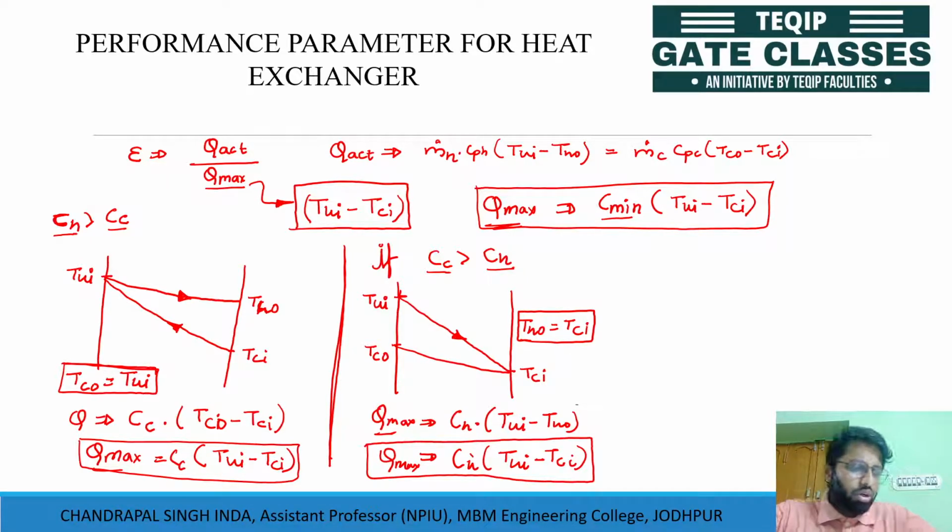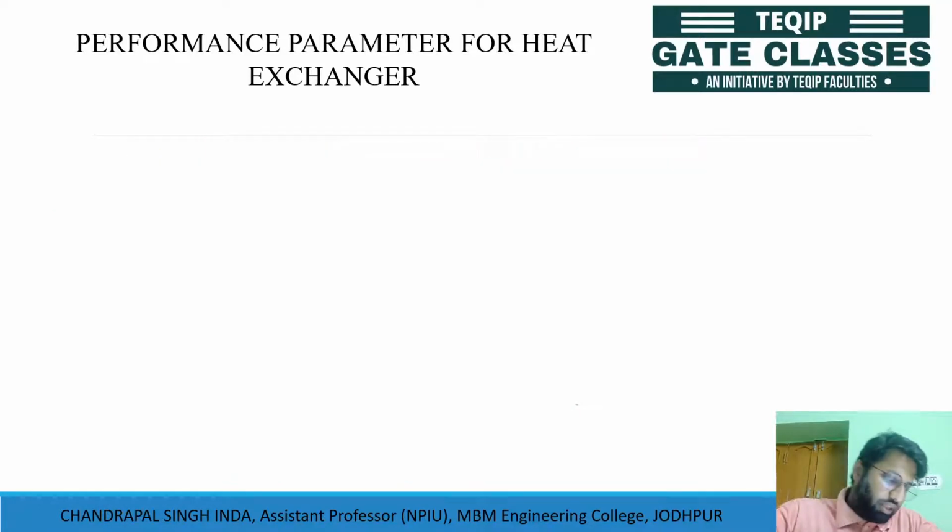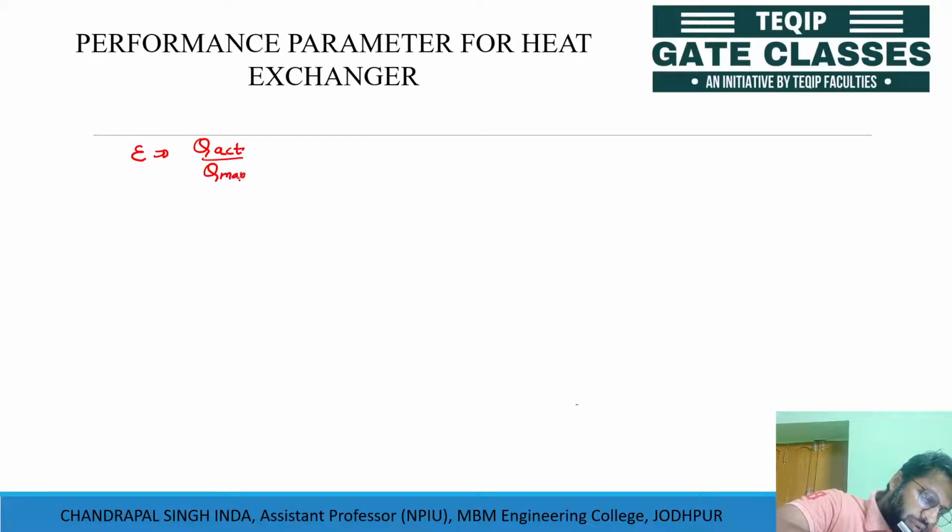So this is how we represent the maximum heat transfer in the heat exchanger. Let's find the effectiveness by using this formula, that the effectiveness is equal to Q actual by Q max.